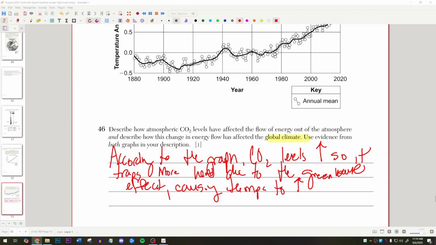It's literally like cookie cutter global climate change. This is a super easy question. So I'm going to say this is a 2 plus 1, so this is a 3 out of 10.